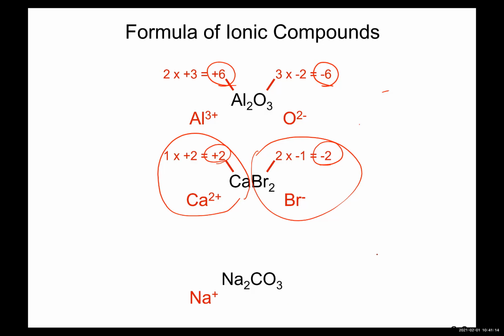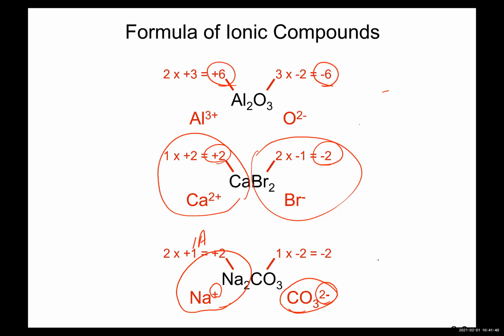How about sodium carbonate? Do you see sodium is in group 1A, the charge is +1. And there are 2 of them, so the total charge of 2 sodium is +2. If you look at the polyatomic ion table, you get -2 for carbonate.